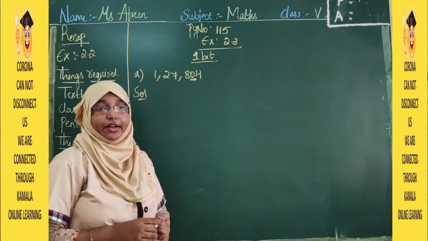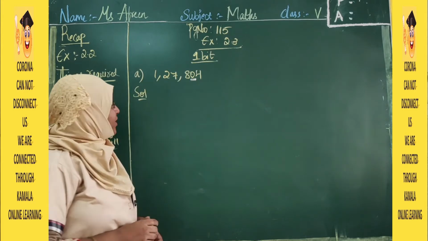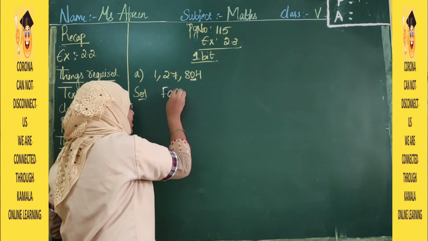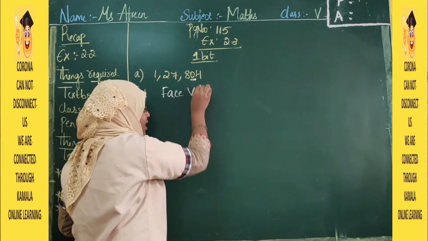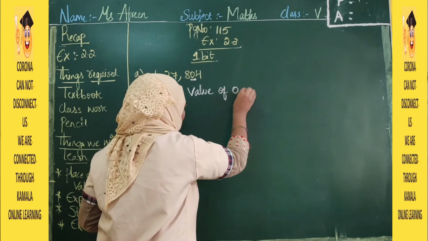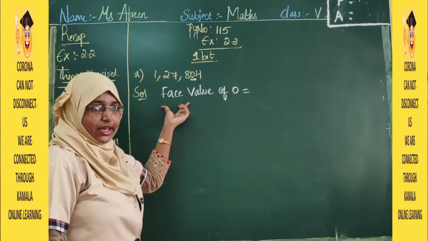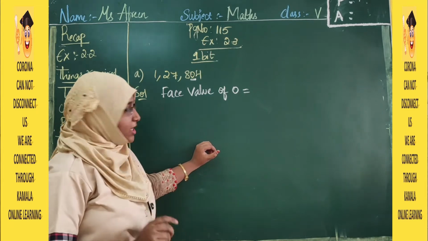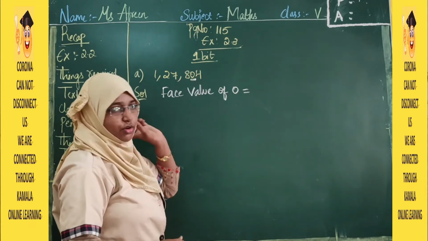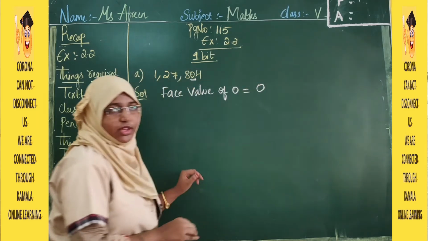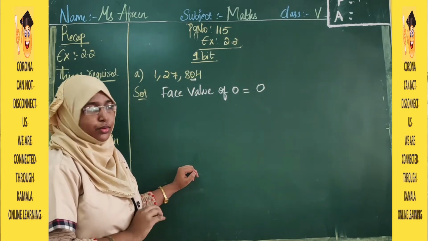Fine. So what do we have to write? Face and place value of only the colored digit. Now how are we going to write the face value? Face value of 0. What is face value? What we said: the face value of any digit in the number is the same, right? So the face value of 0 is 0.